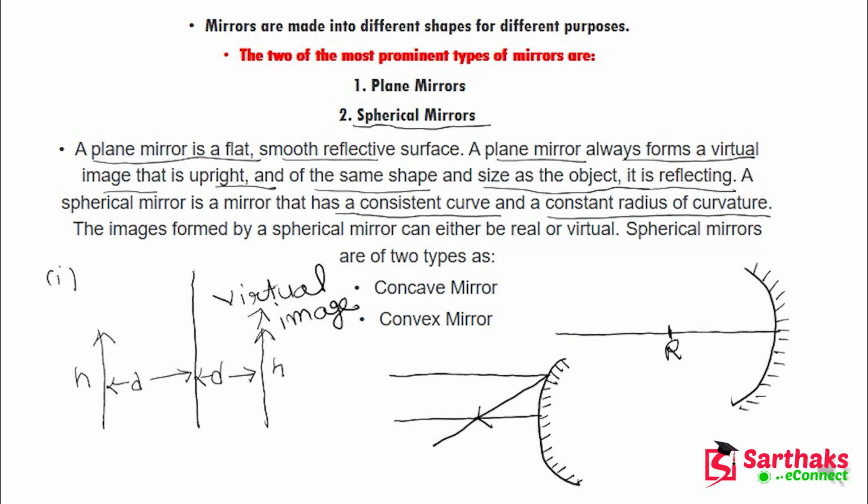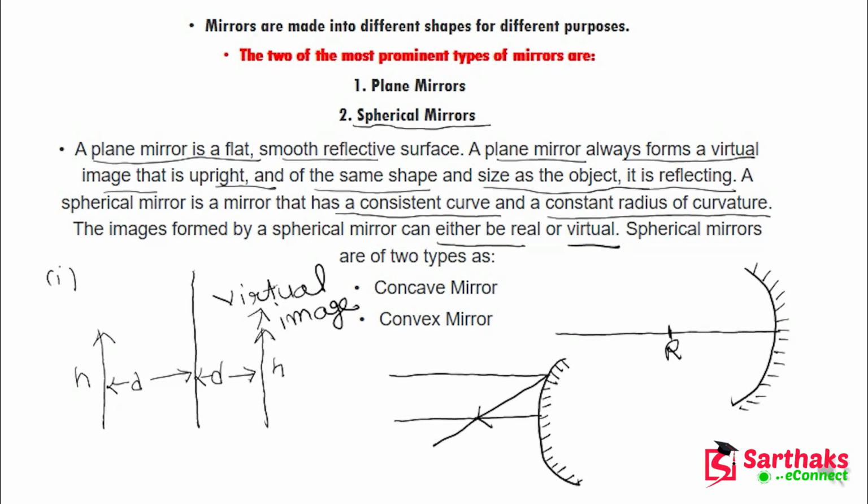If I talk about the types of images, in a plane mirror we always find a virtual image. There will not be a real image in any case. But with spherical mirrors, the image can be either real or virtual. It means it can form both real images as well as virtual images.